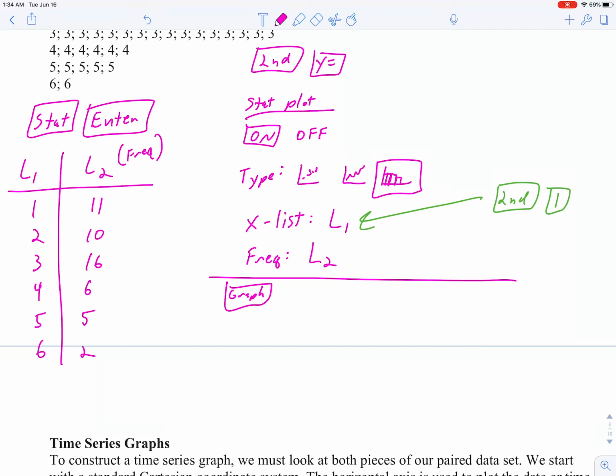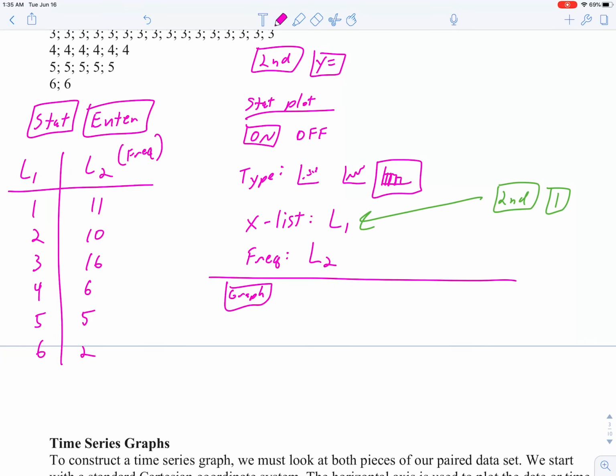To make sure that histogram comes up, you're going to hit a few things. If you have any weird lines or anything like that, hit Y equals, just the Y equals button, upper left corner, and clear out any equations you have on that list. Then hit the graph button again.